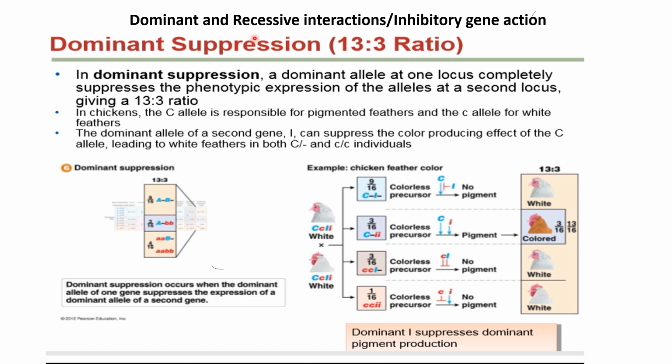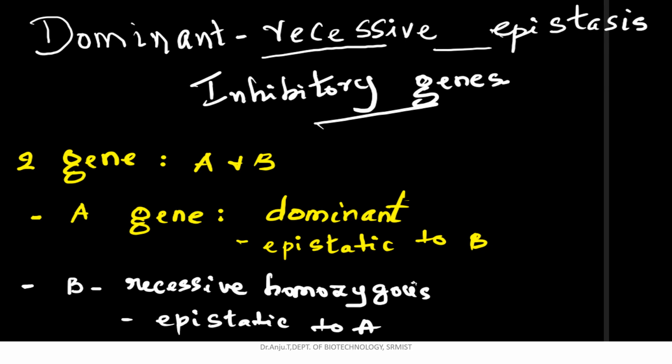And finally, we see inhibitory gene action. It is also called dominant and recessive interactions, or inhibitory gene interaction. We also use a term called dominant suppression. Why do we use all these? We are calling it dominant recessive epistasis.